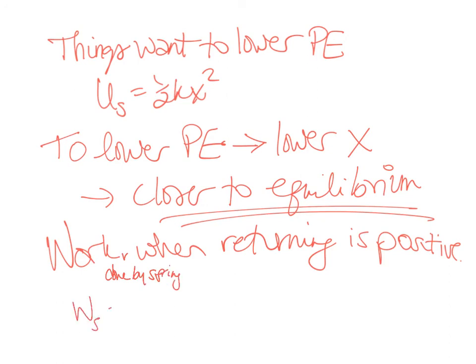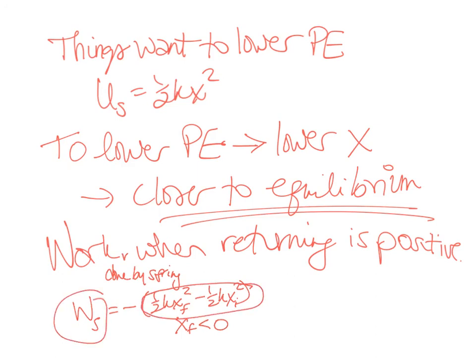The work done by the spring was negative 1/2 k x final squared minus 1/2 k x initial squared. So when it was returning, x final is less than x initial, which makes this whole quantity negative, which makes this quantity positive. So remember, I'm always going to try to make sure that you're working on that intuition for work and potential energy. All right, well, this is a good place to stop with this one.